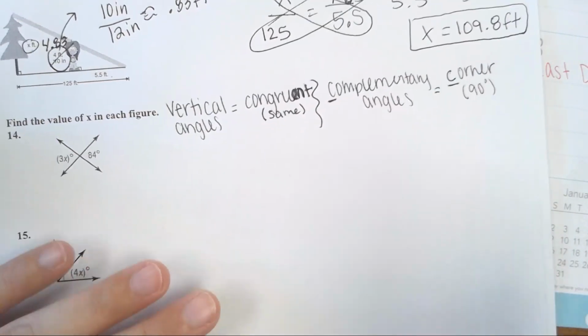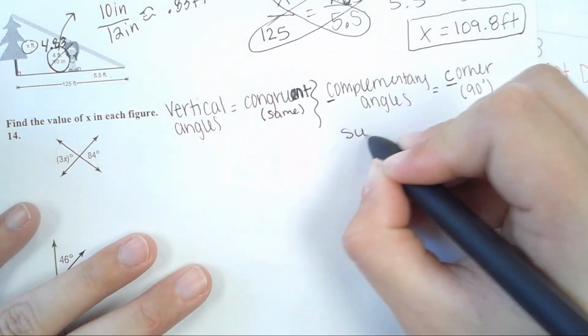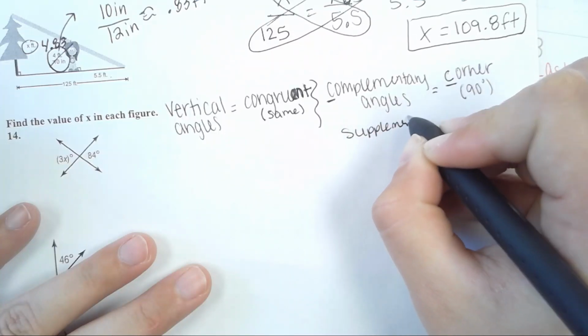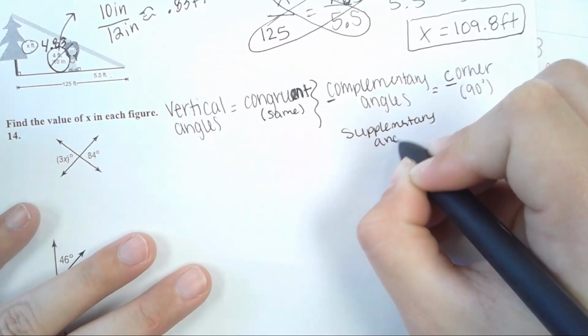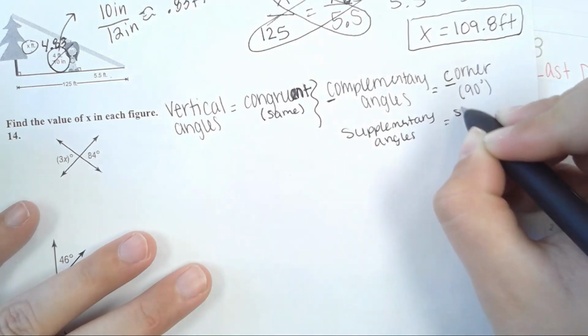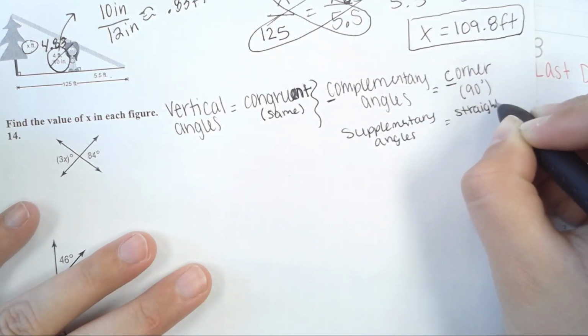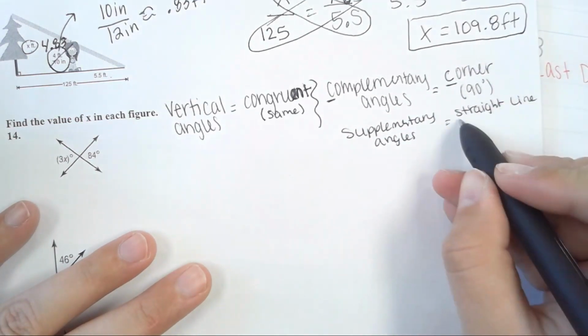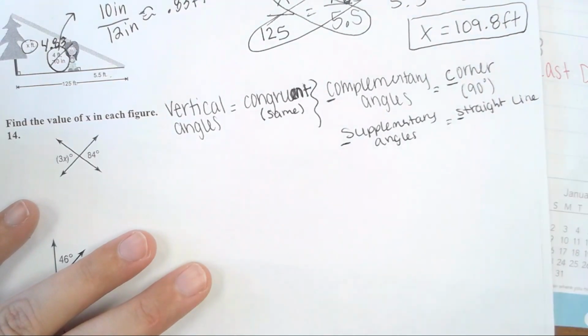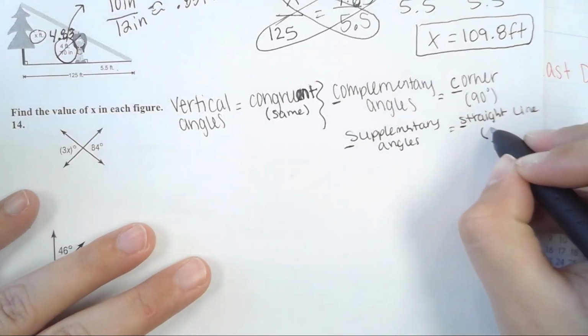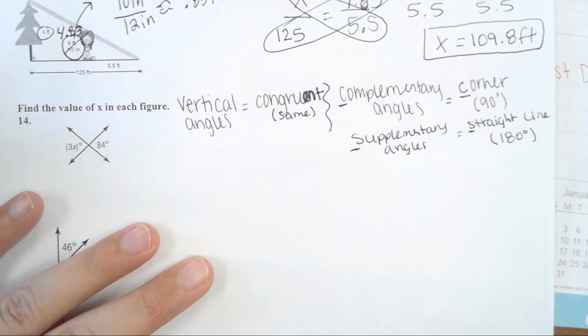And then if you have supplementary angles, I want you to think of straight line. The easy way to remember that is both of them start with the letter S. And remember, a straight line is 180 degrees.